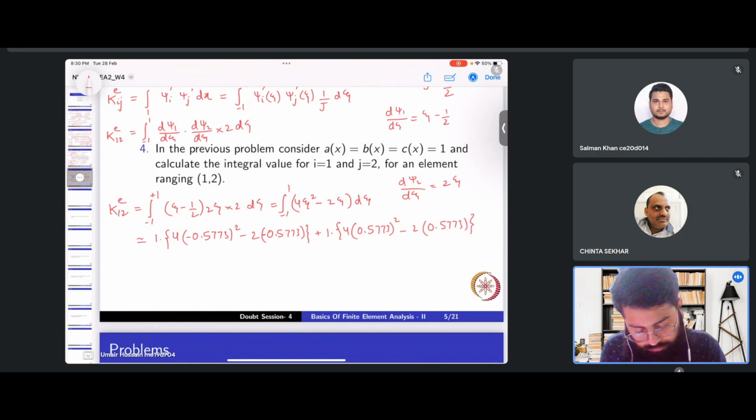Okay, so these two terms would cancel out, the plus is minus. What we are left with is 8 times 0.5773 square.